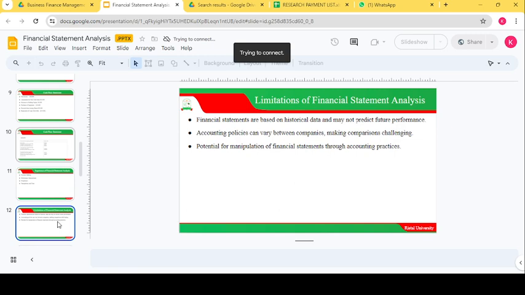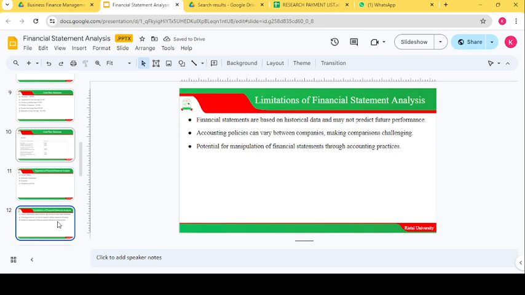We cannot predict the future since we are based on historical data. When you're coming up with a financial statement, it means your records have been recorded. You first record your records down, and then you can come up with your financial statement. So this may not predict the future performance, since we only take things that have happened.